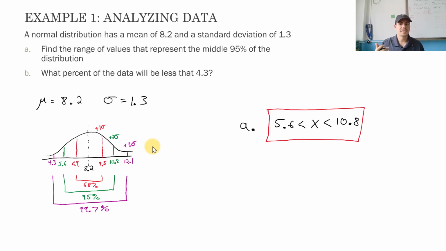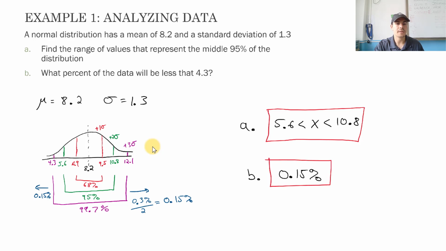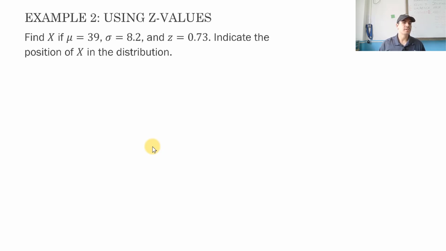So since this is symmetrical, I know that if going one way past 3 sigma is going to be half of that 0.3%, or 0.15%, then going the other way past negative 3 sigma is again going to give me the same 0.15%. So to answer part B, the percent of data that will be less than 4.3 is 0.15%.